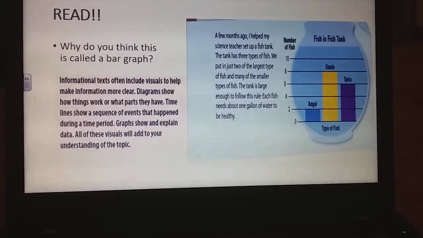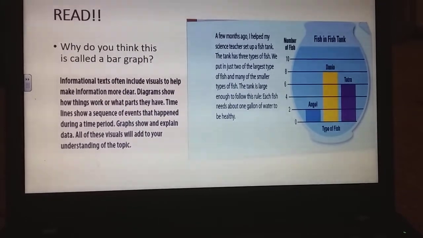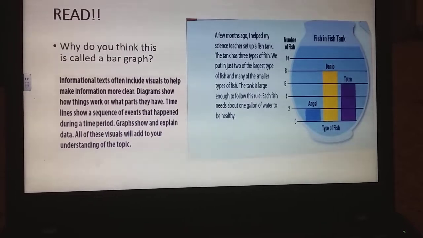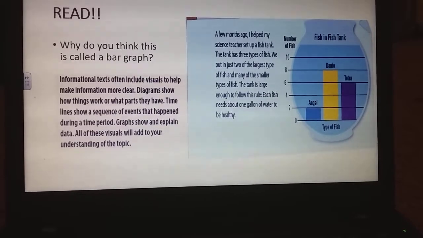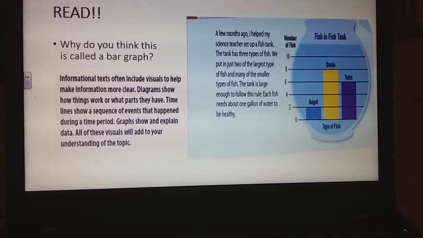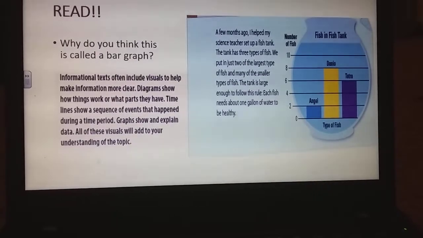Angel, it looks like, since the angel bar stops at 2, there are 2 angel fish. Danio, it looks like we have 8 because the bar stops at the line connected to the number 8. Then we have tetra, which stops at the line connected with the number 6. So there are 6 tetra. And then at the bottom, it just says type of fish.